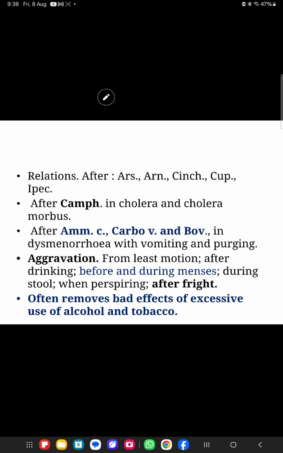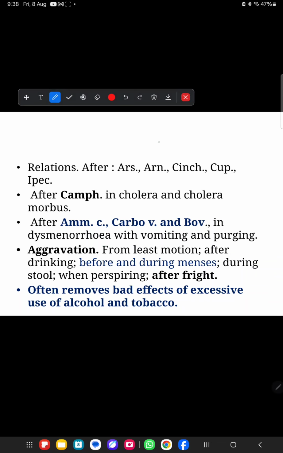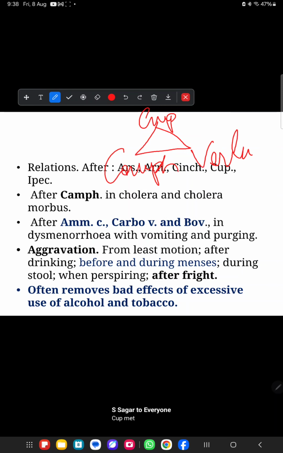But if you're talking about cholera, can anyone tell me what is the trio of cholera? What is the trio of cholera that Hahnemann told? Cuprum is there, Camphor is there, Veratrum album is there. Many times this question comes.